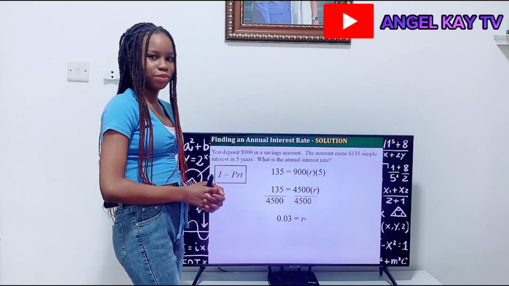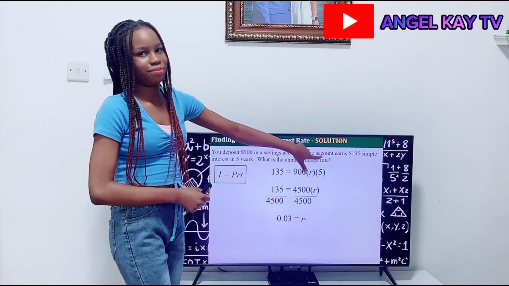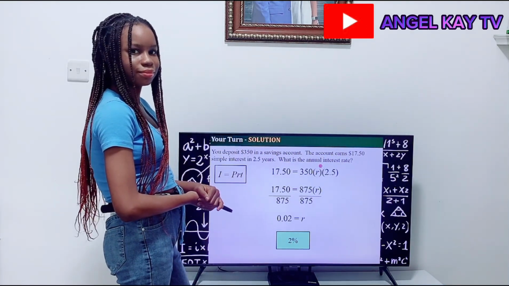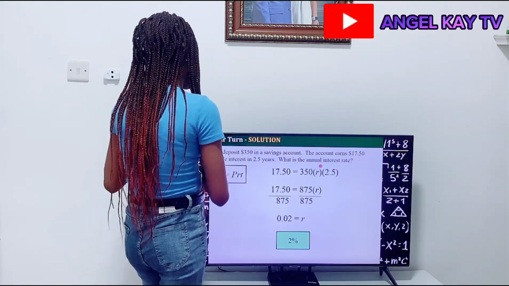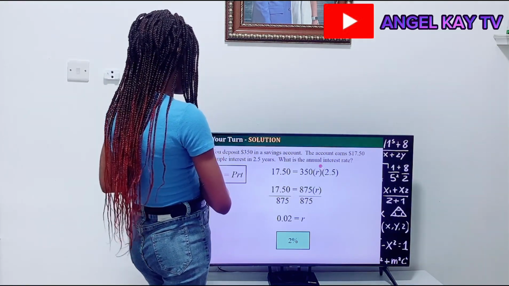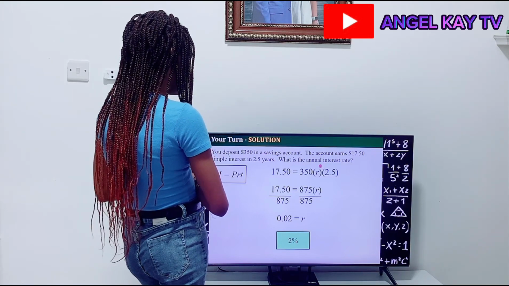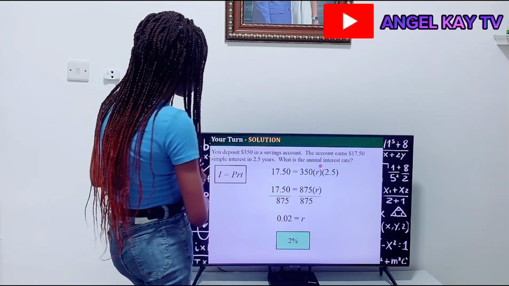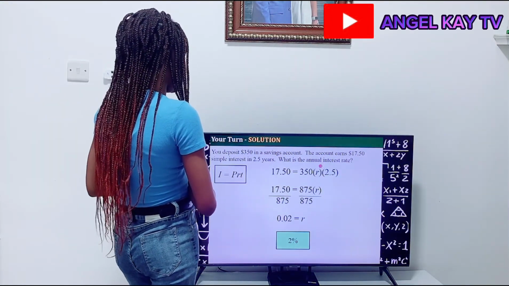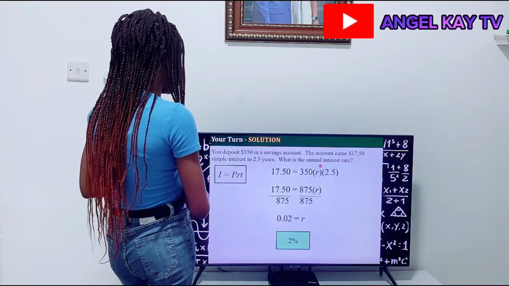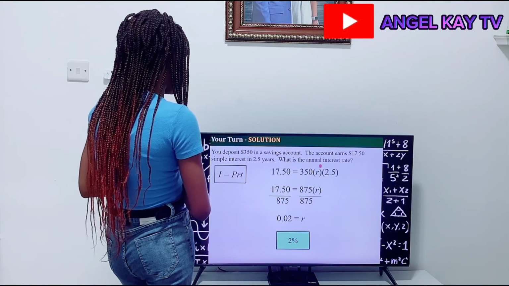All right, let's move on to the next one. So we have another one here, and it says you deposit $350 in a savings account. The account earns $17.50 simple interest in 2.5 years.